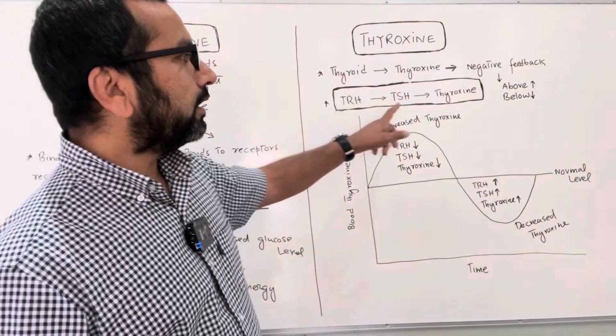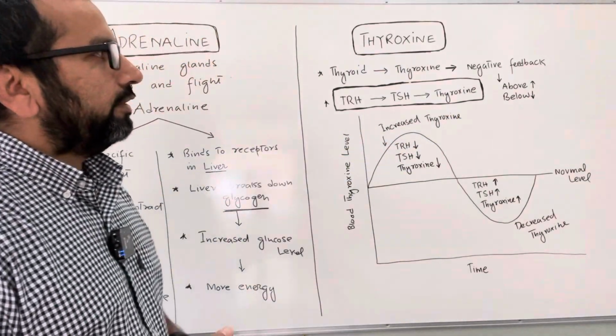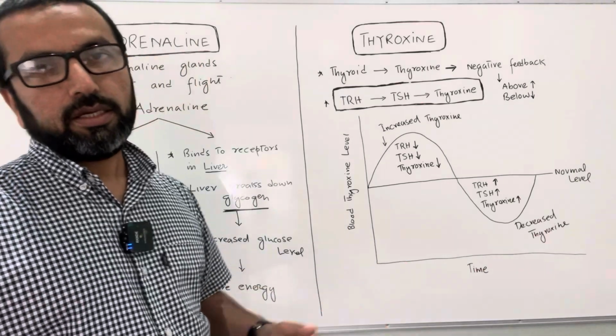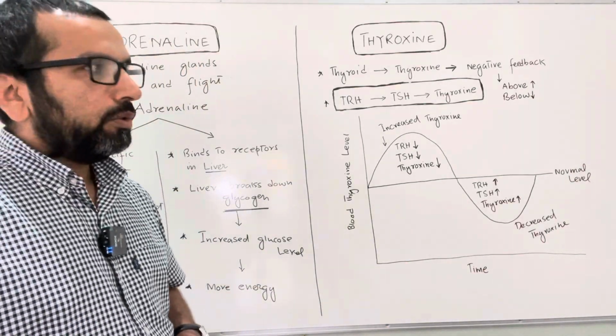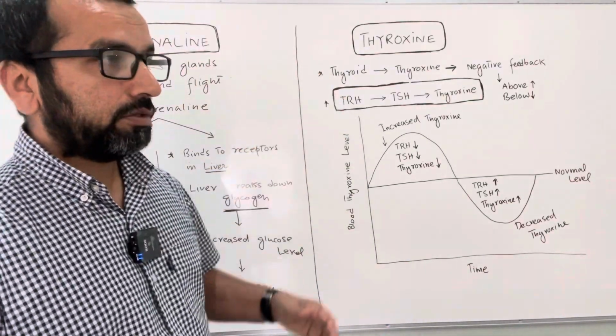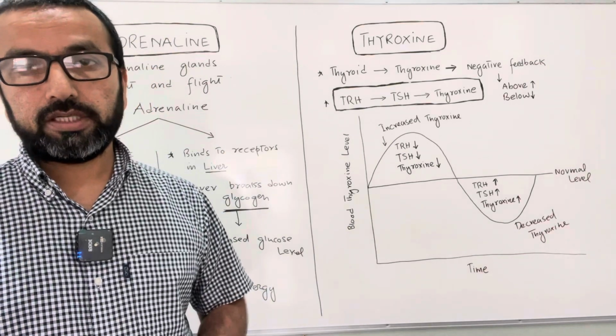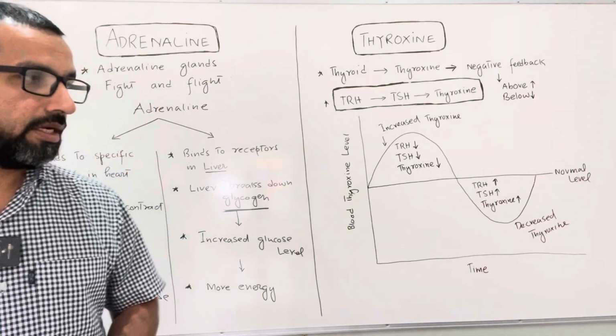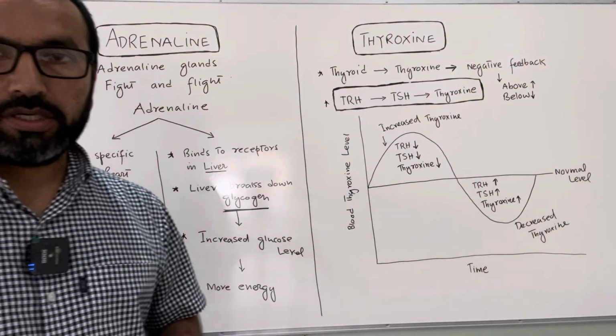So there are three hormones involved in maintaining the quantity of thyroxine, and in another clip we cover that the function of thyroxine is to control the rate of reaction, to control the heartbeat rate, and to control our body temperature.